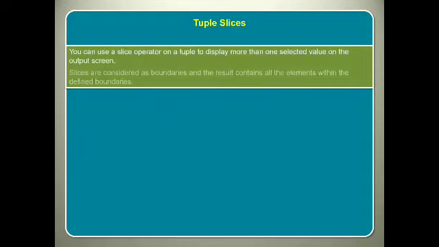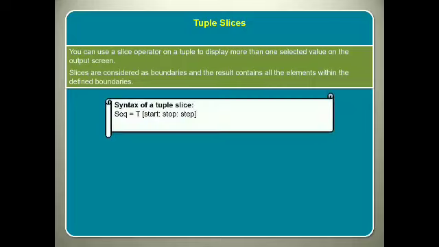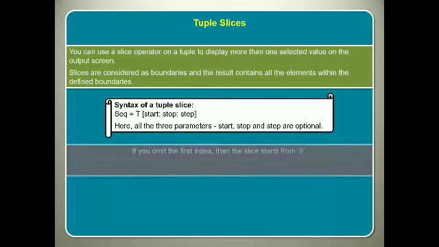We know that slices are considered as boundaries, and the result contains all the elements within the defined boundaries. Syntax of a tuple slice is as shown on the screen. Here, all the three parameters, start, stop, and step, are optional. If you omit the first index, then the slice starts from 0.